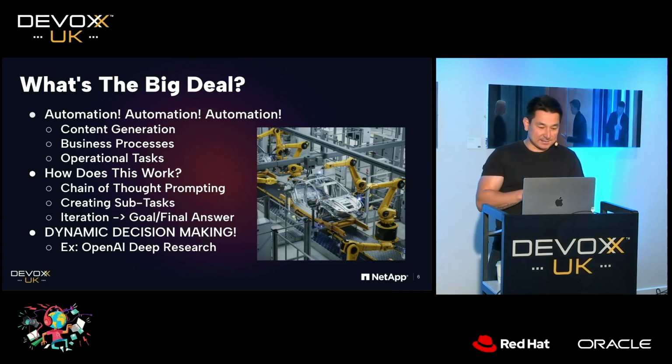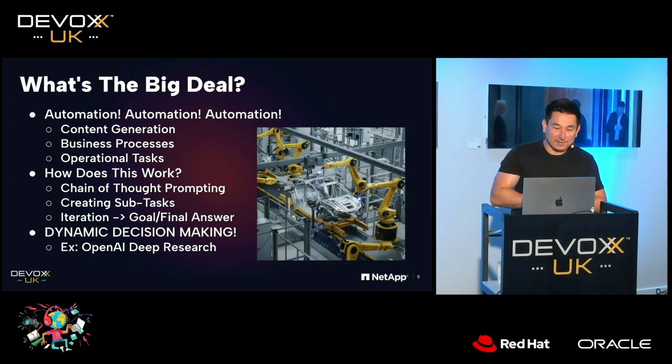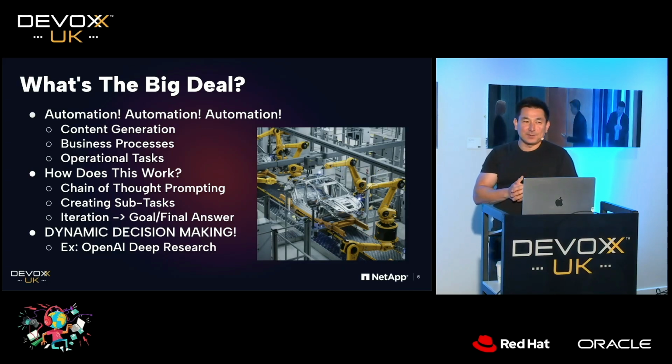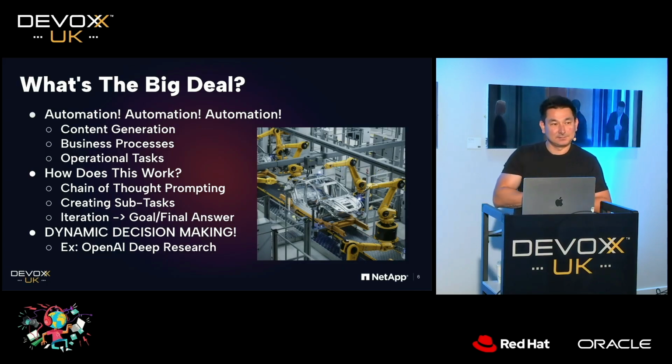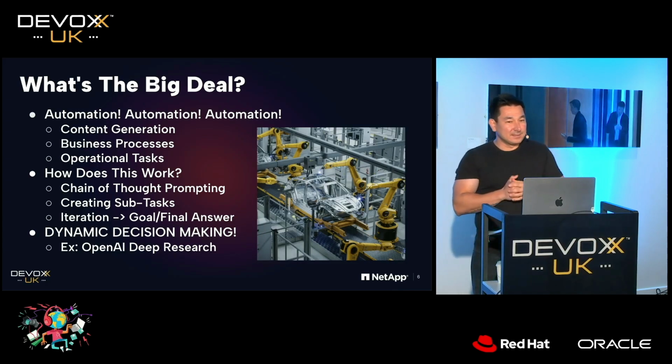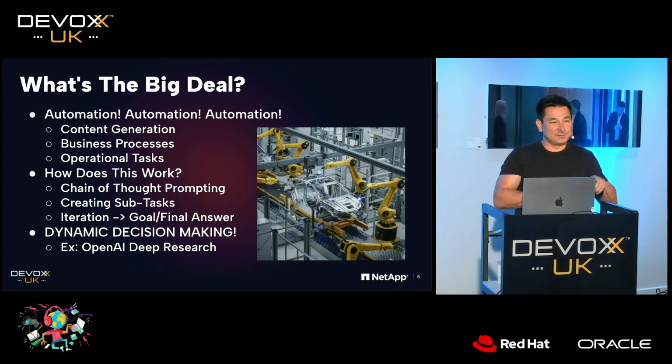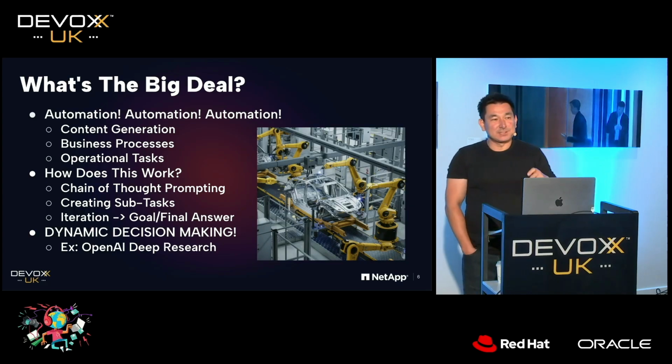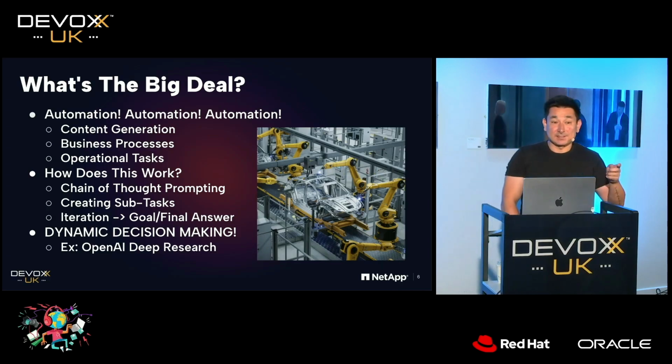So by a show of hands, who here has used OpenAI's deep research? Okay, a few people. I think you can use it a few times for free in the free tier. I would definitely implore you to take a look at it because it greatly describes what I'm talking about. You give it a problem. One example I did was, hey, go research doing voice cloning for text-to-speech.